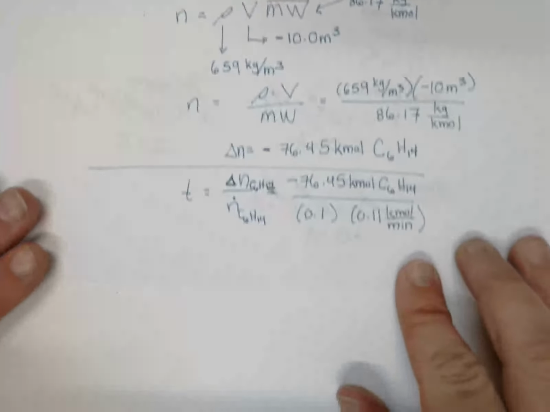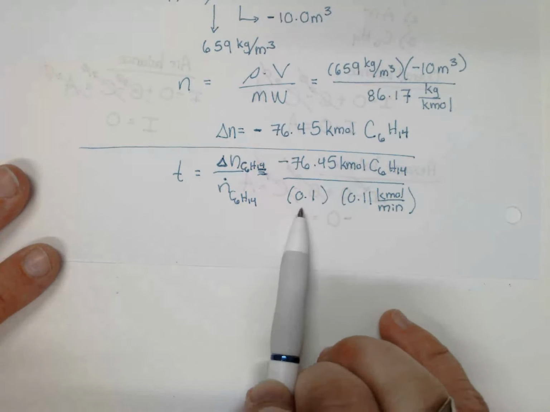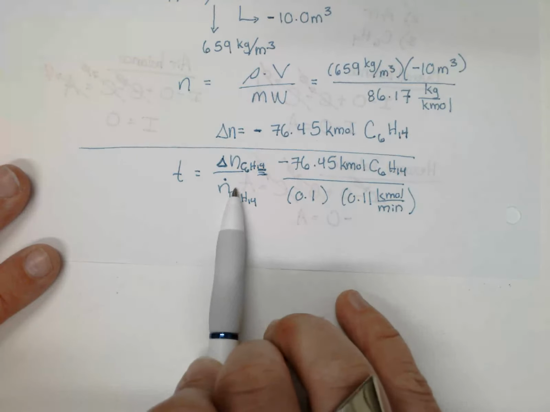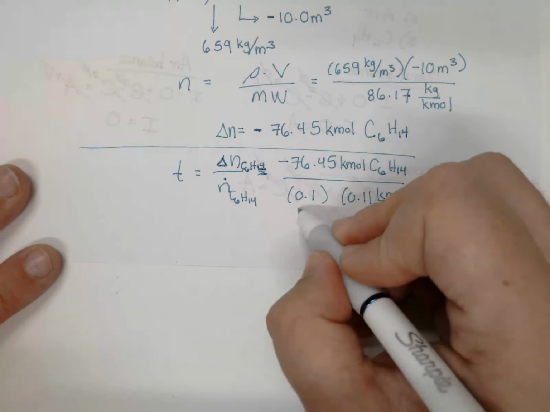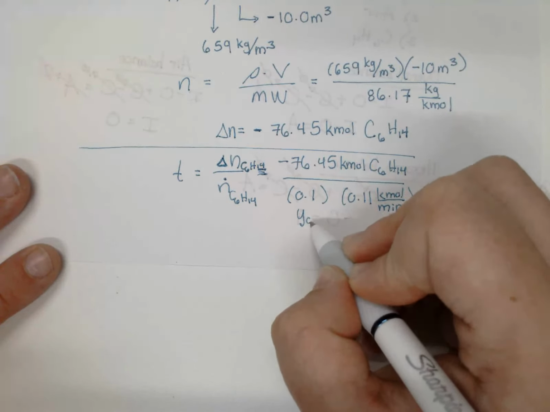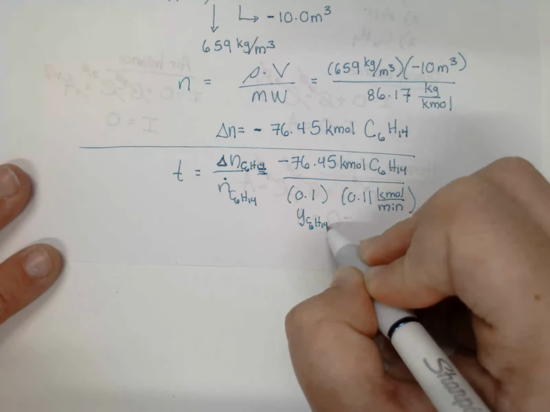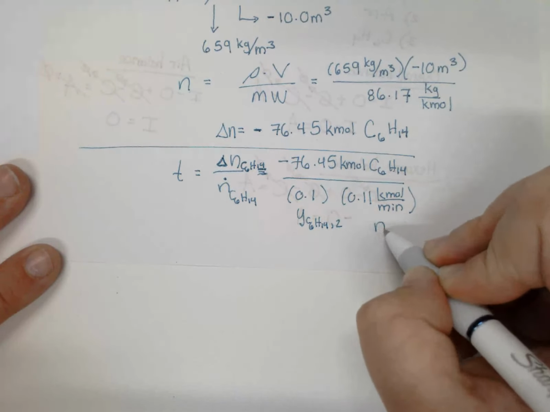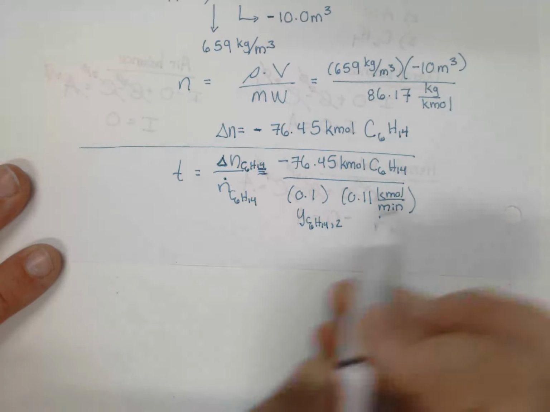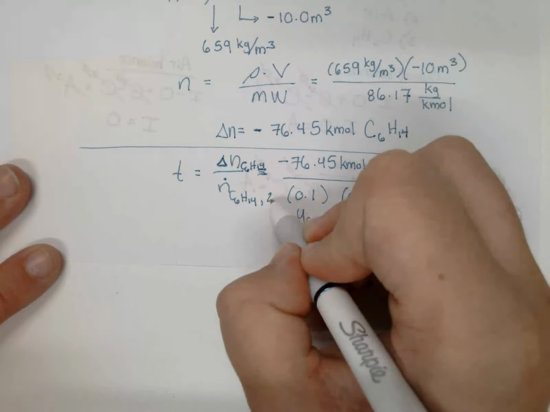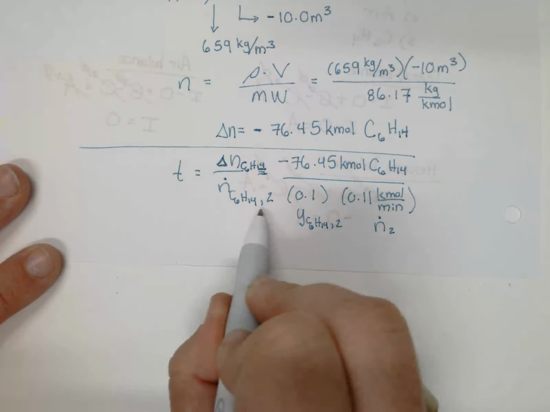If we want to use that total down here, we need to make sure that it changes into hexane. So that's what this is: y of hexane coming out, and this is N2. See how it gets very complicated right here?